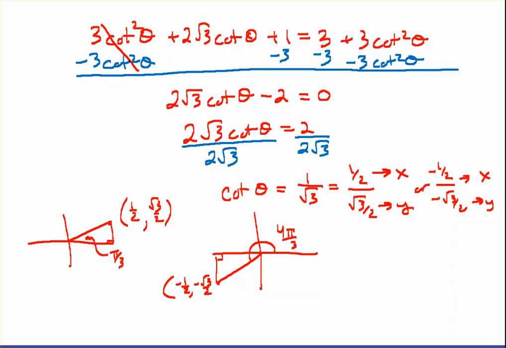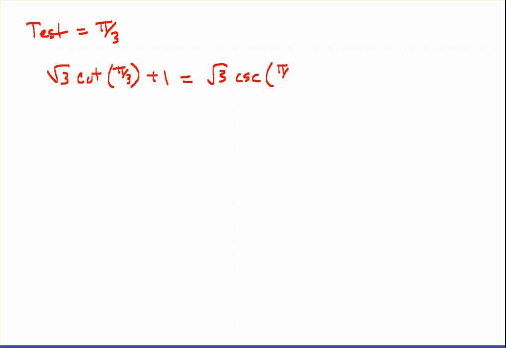So whenever you square both sides of an equation, there's a possibility that you have an answer that's really not an answer. So we have to check. You'll have to test pi over 3 by putting pi over 3 back into your original equation and seeing whether they match up or not.